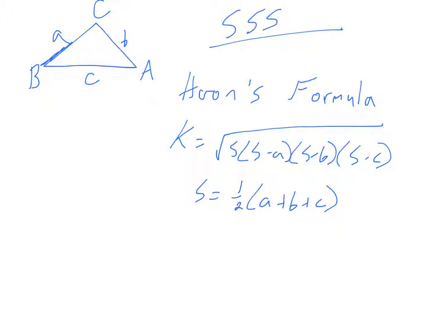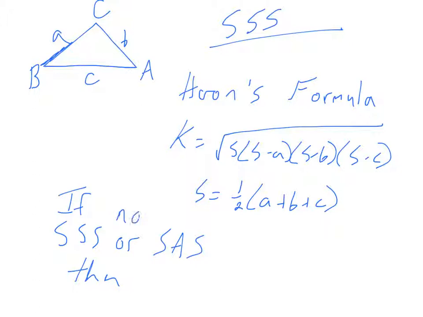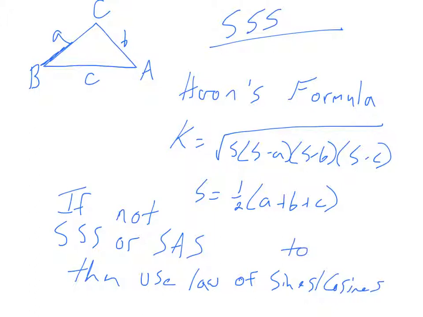So if the triangle configuration you start off with is not SSS or SAS, then essentially use law of sines or cosines to get it to that point. To get SAS in most cases, right?